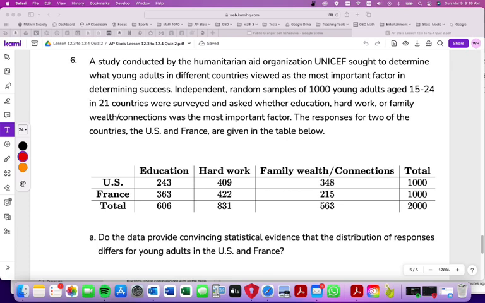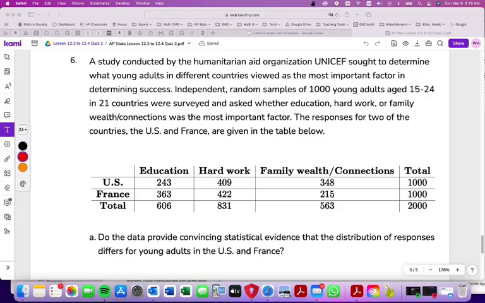Independent random samples of 1,000 young adults aged 15 to 24 in 21 countries were surveyed and asked whether education, hard work, or family wealth/connections was the most important factor. The responses for 2 of the countries, the US and France, are given in the table below.